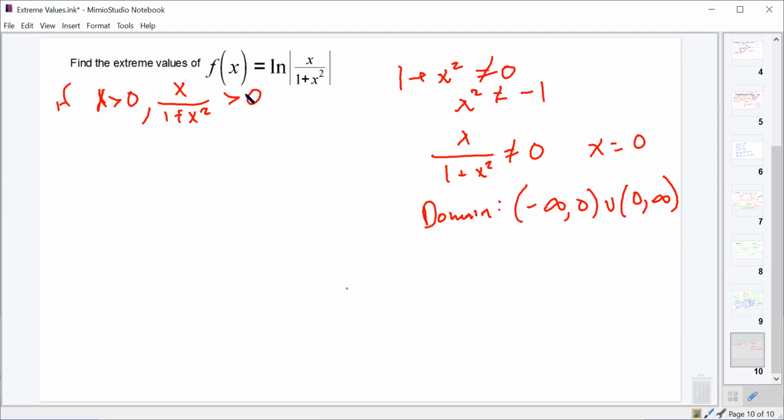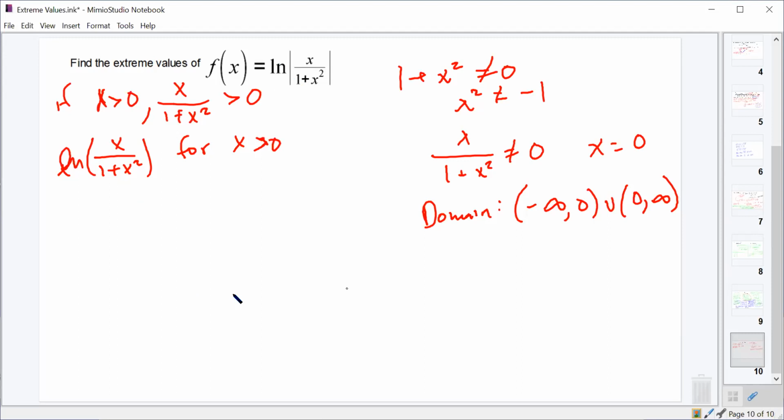A positive number plus another positive number will always be positive. All right, so then this would just become natural log of x over 1 plus x squared, for x greater than 0, right? Because if you're taking the absolute value of something that's positive, it just comes out to be that same positive thing. So how do I take the derivative of natural log of x over 1 plus x squared?